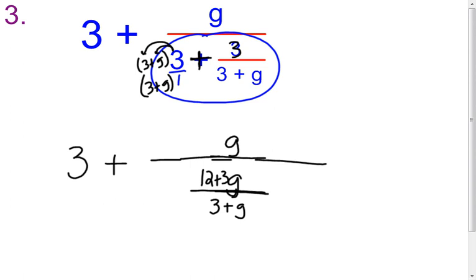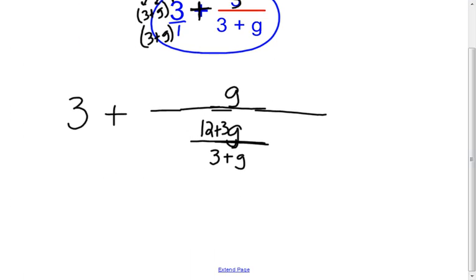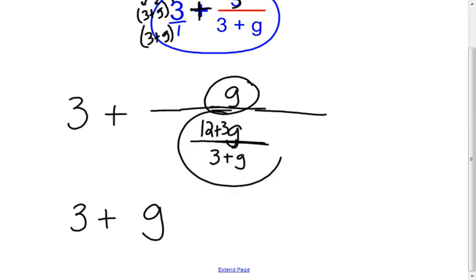Okay, so that's where I'm at. All right, now I still have a double fraction over here on the right. I'm not touching this 3 right here. I'm totally leaving that. And then what I'm going to do is take this g right here, and instead of dividing by this fraction, I will multiply by its reciprocal.